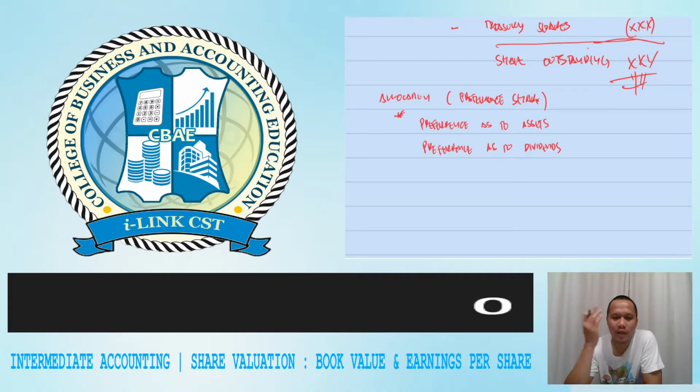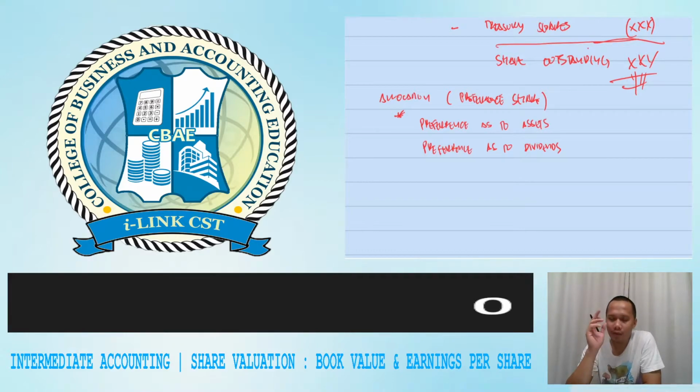Preference as to dividends. Ito siya, kung baga, preferred only to dividends. Okay? But depende on what is the specific nature of the type of preference share.